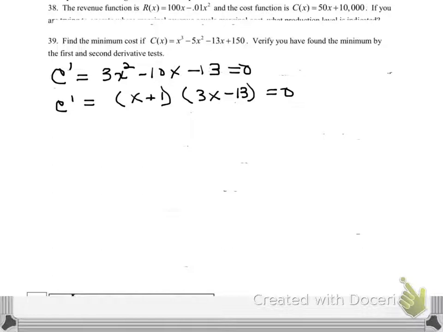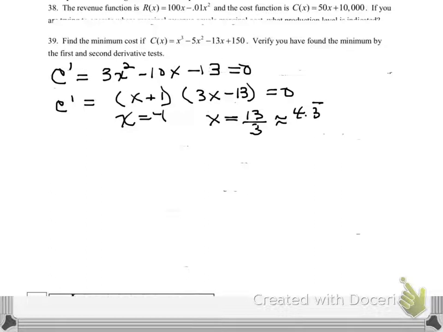My first x value is x equals -1, and my second x value is x equals positive 13 over 3, which is roughly 4.3 bar notation.